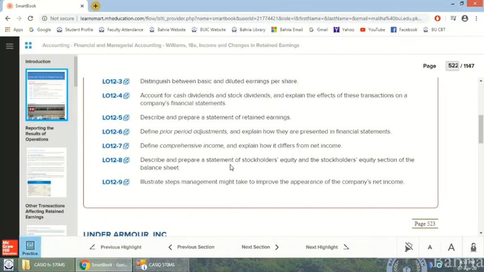Comprehensive income is basically that which would constitute both the income from continuing operations and income from discontinued operations.